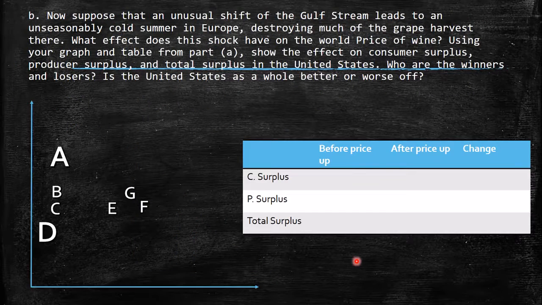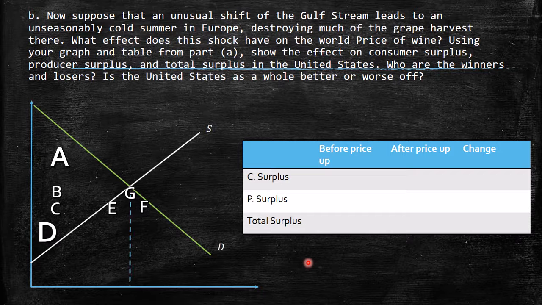Now we're going to try to represent this change of the world price in the wine market in the United States. So here I'm going to outline a table with before price up and after price up, due to the Gulf Stream and the unseasonably cold summer. Okay, so here we have the supply and demand. Remember, this is the United States market. This was P star.